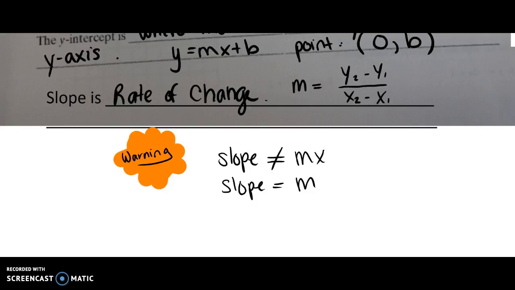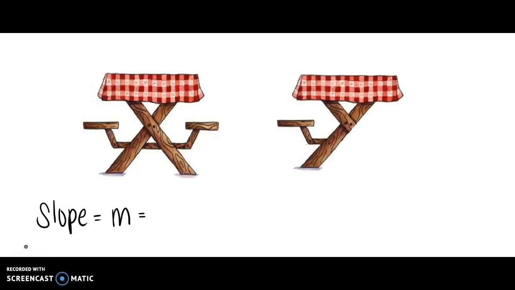Then, I also have this little picture representation that can help you remember that slope has the change in y on the numerator and the change in x on the denominator, and it involves picnic tables. So, my question to you, which table will fail or fall over? The table on the left or the table on the right?